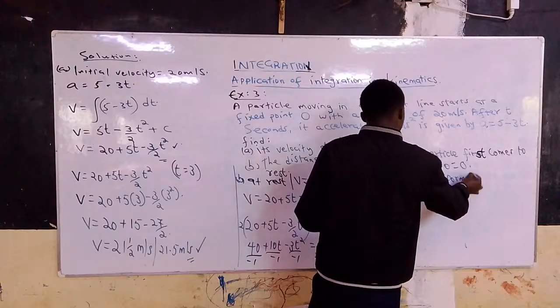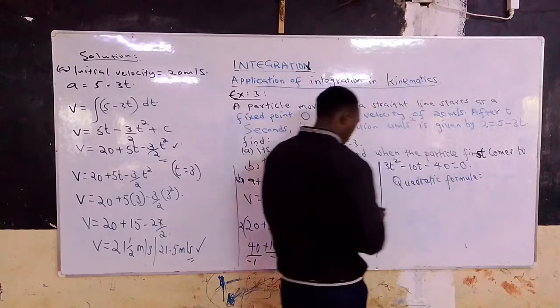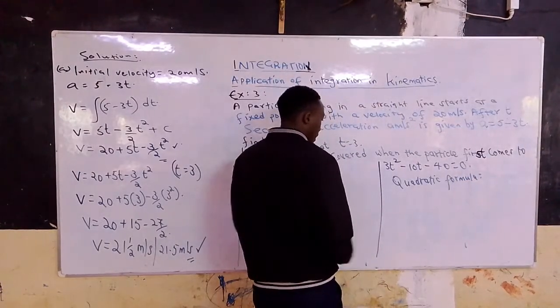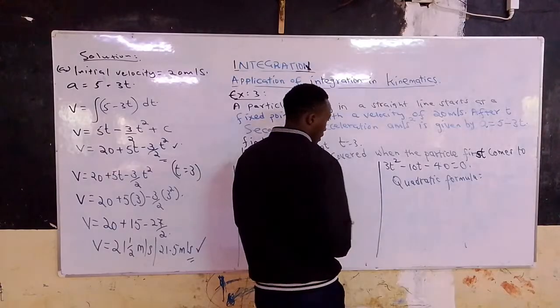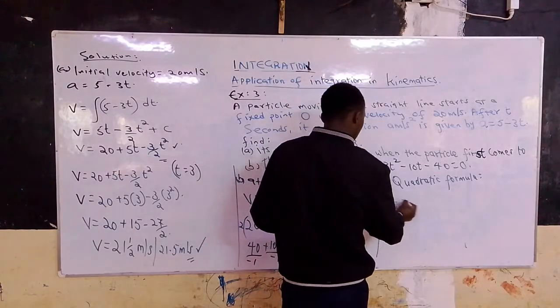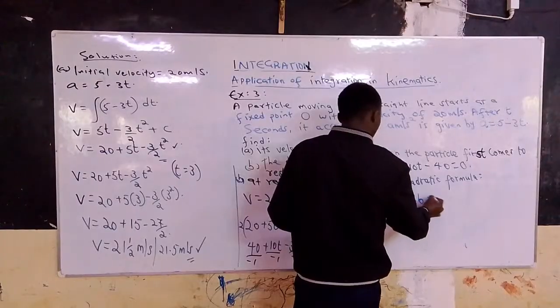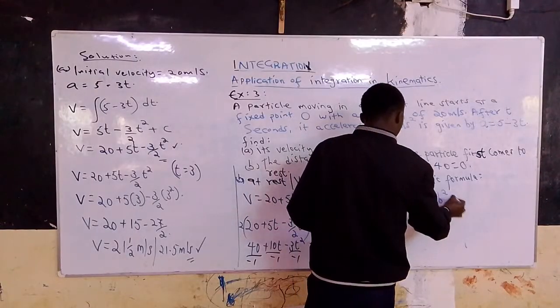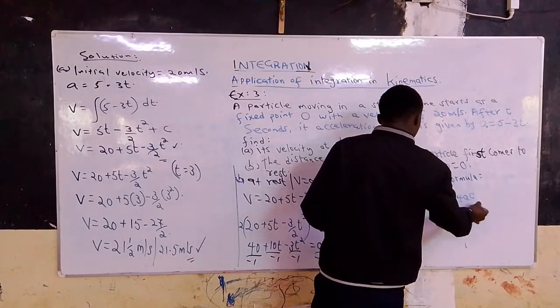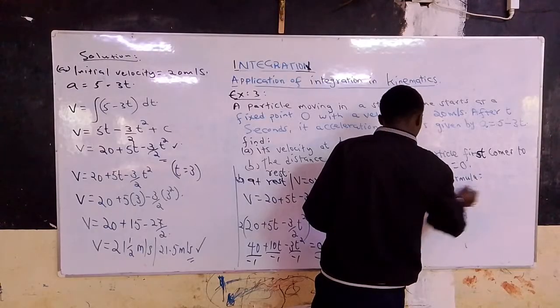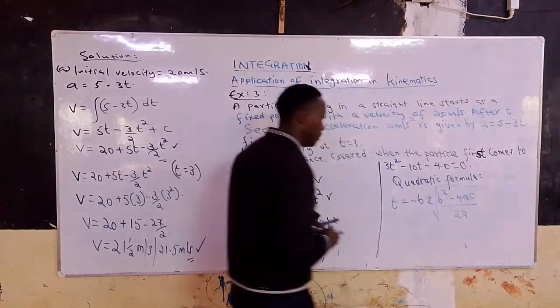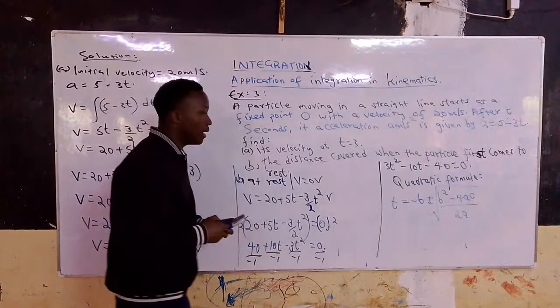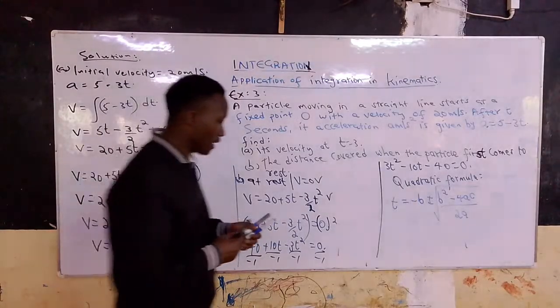The quadratic formula simply states that t is equal to minus b plus or minus the square root of b squared minus 4ac, over 2a.